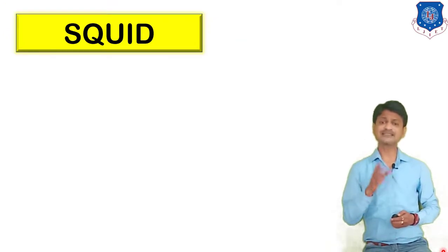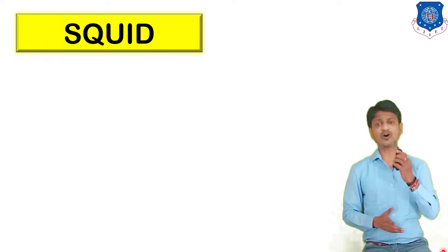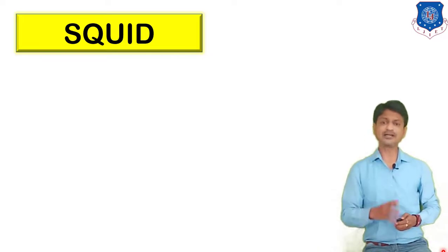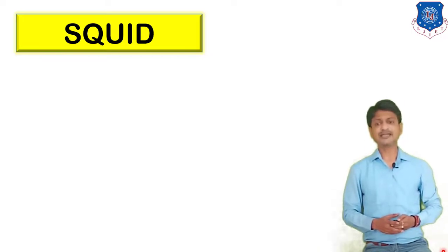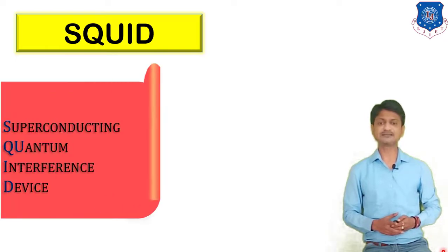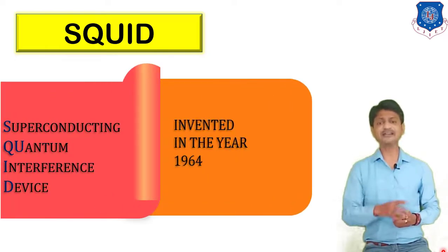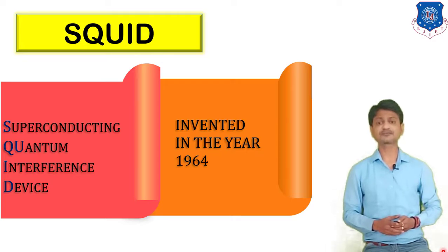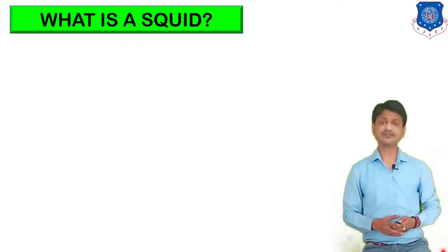Now, let's discuss the application of that Josephson junction, and that is SQUID. SQUID stands for superconducting quantum interference device, and it was invented in the year 1964. So, let's discuss what is SQUID.